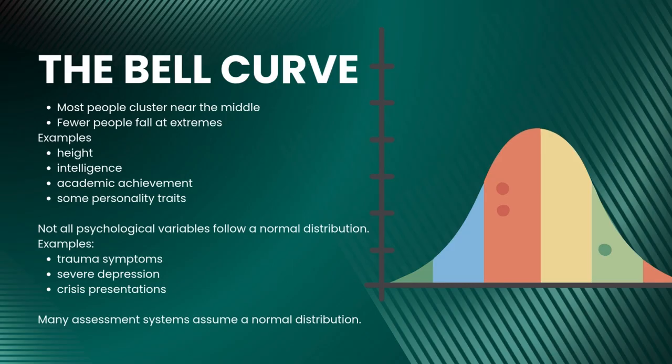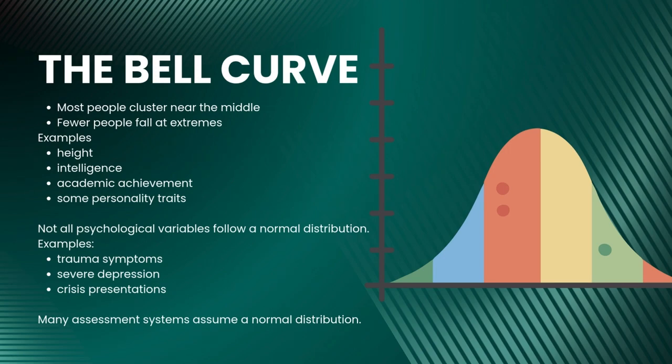So many assessments are based on the normal distribution curve, aka the bell curve. It is this classic bell-shaped curve that most people picture in statistics. You've probably seen it 100 times before. Most people cluster near the middle. Fewer people fall at the extremes. Height is a really good example. Most adults are somewhere around average height. Very few people are extremely short or extremely tall.